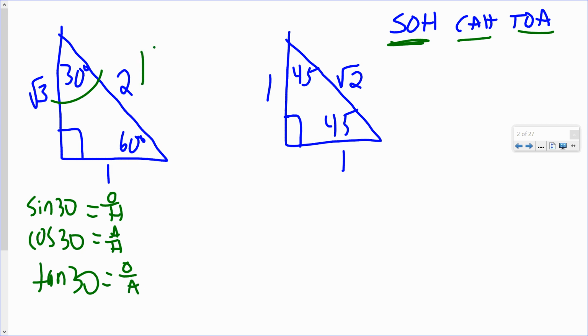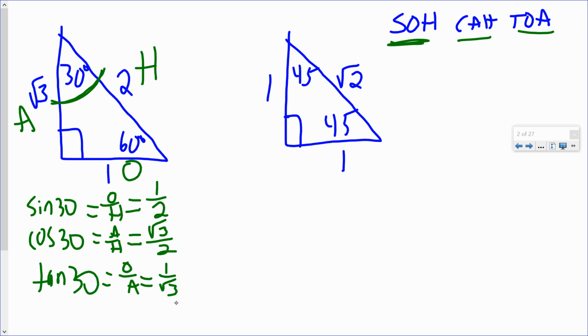So I label my H, my A, and my O. My H is my hypotenuse, my long slanted side. The angle connects the H to the A, my adjacent side, which makes that my O. So O over H is 1 over 2. A over H is radical 3 over 2. And O over A is 1 over radical 3.